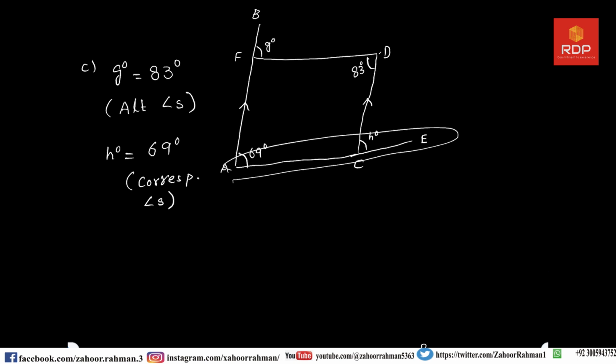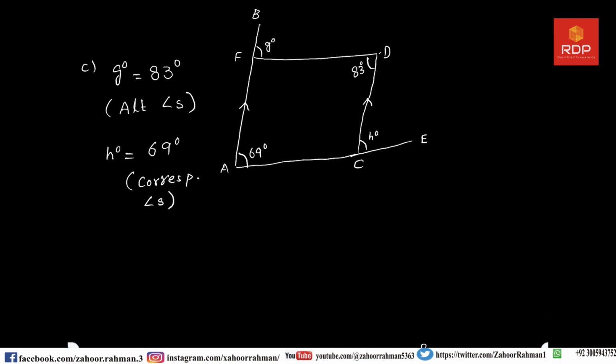Now this line and this line, these are the transversal lines. So the figure is a bit flipped one, and the students are always confused by it. So be careful. First of all, we have to find the value of G.